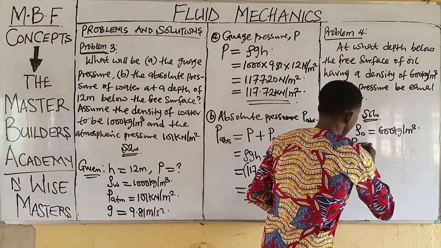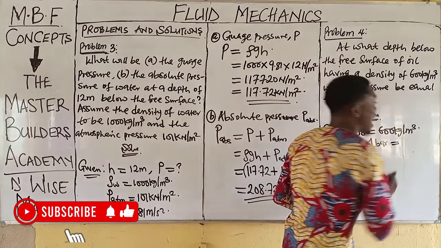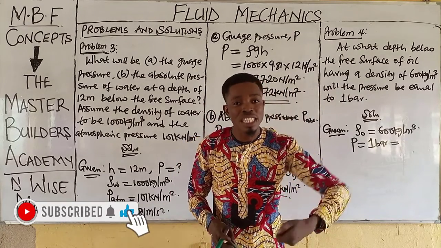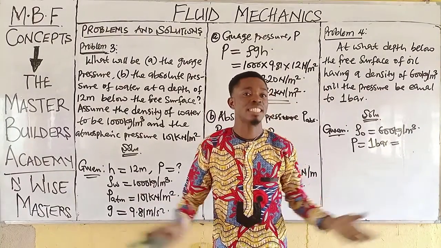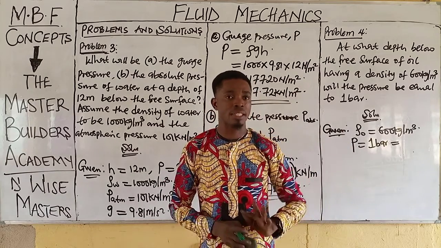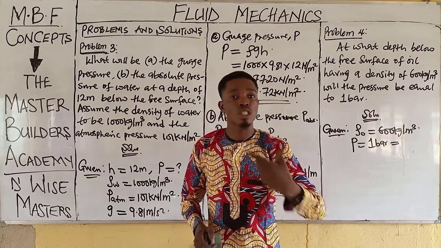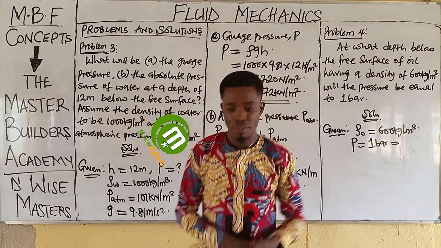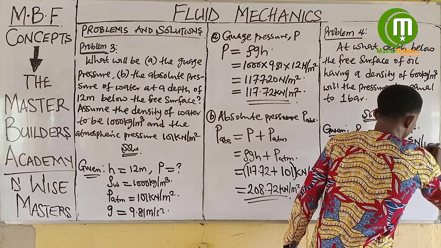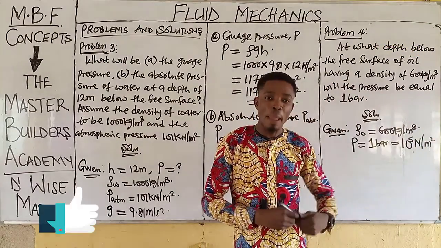Now pressure is equal to 1 bar. And we know that 1 bar is equivalent to 100,000 Newton per meter squared, or 10 raised to the power of 5 Newton per meter squared.